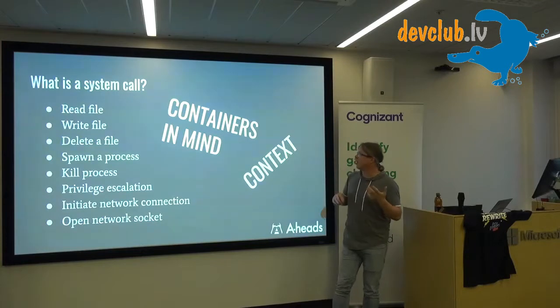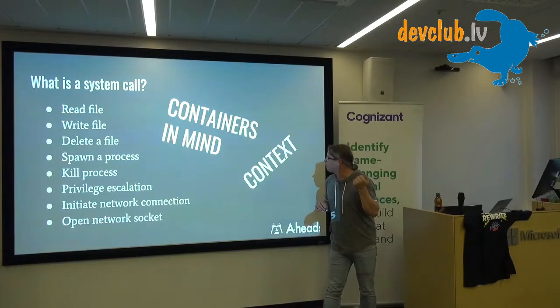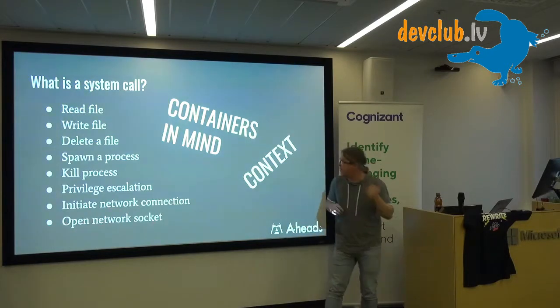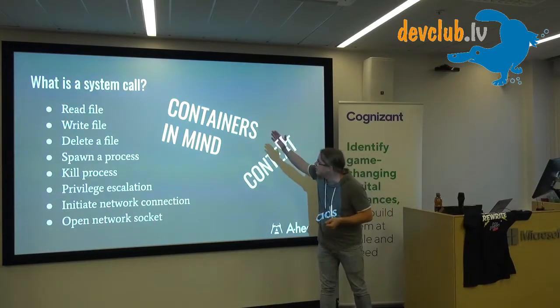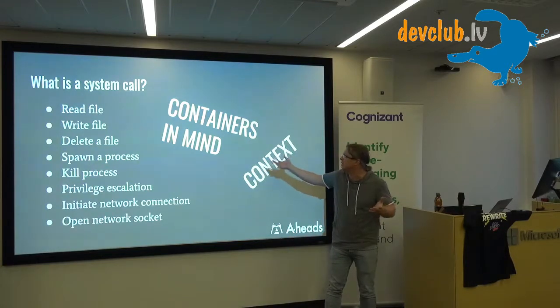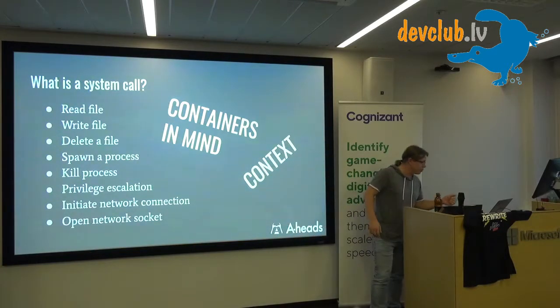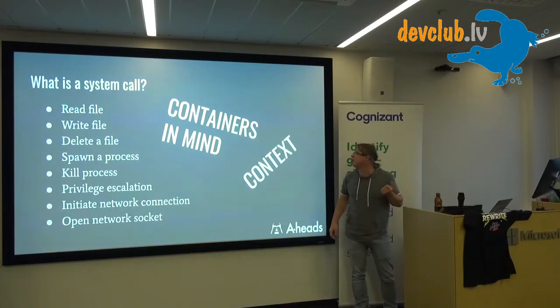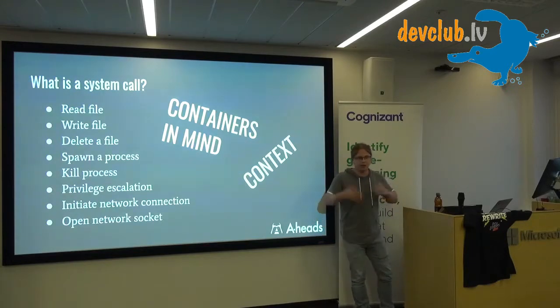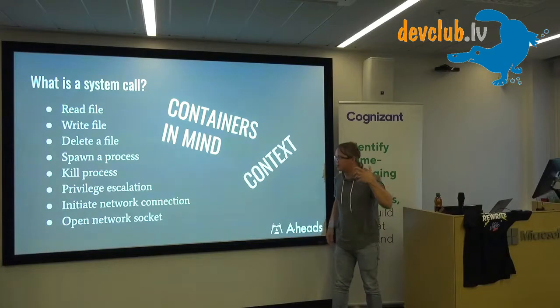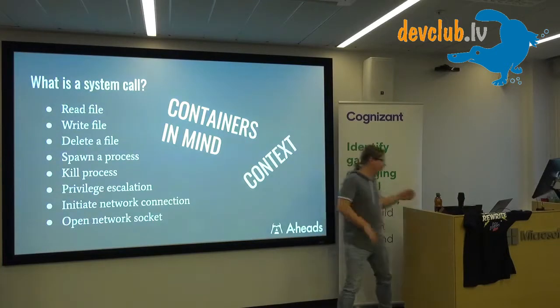So you can know from what container, pod name, and namespace name a particular system call was emitted, right? That's really amazing. And the same applies to network activity. You can know the network activity of your particular process or Docker container.